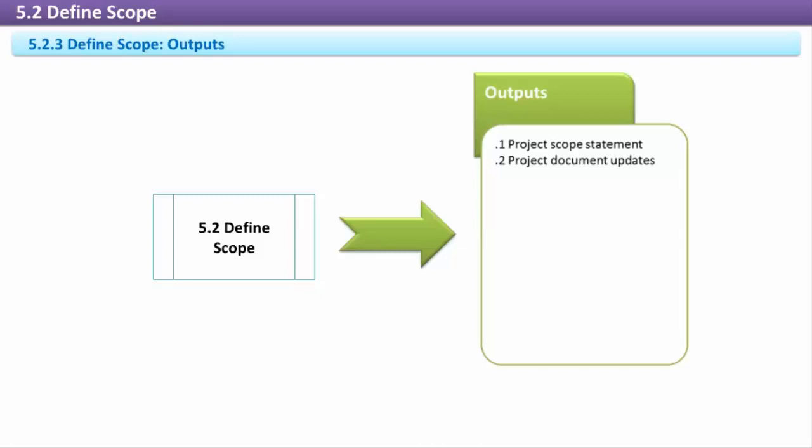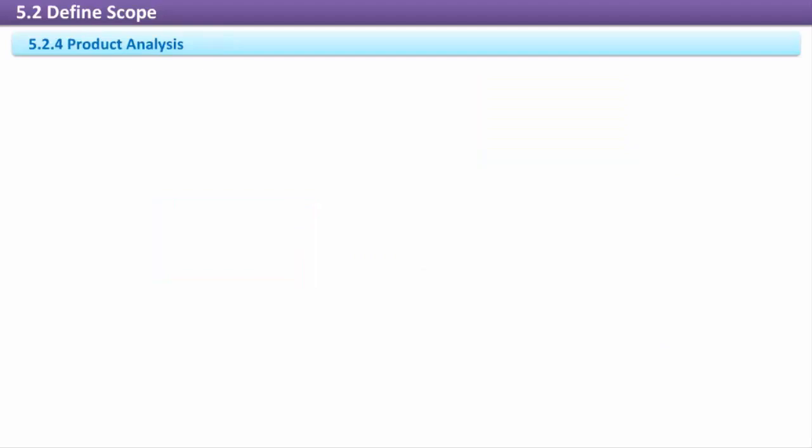The deliverables will be compared to the project scope statement to make sure they comply with it. Project document updates. Defining the project scope is likely to uncover additional requirements, so updates to requirements documentation in the requirements traceability matrix are to be expected.